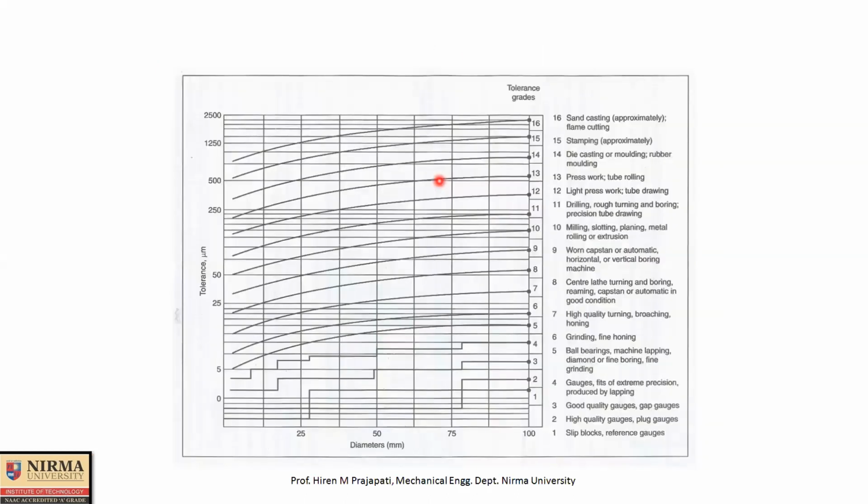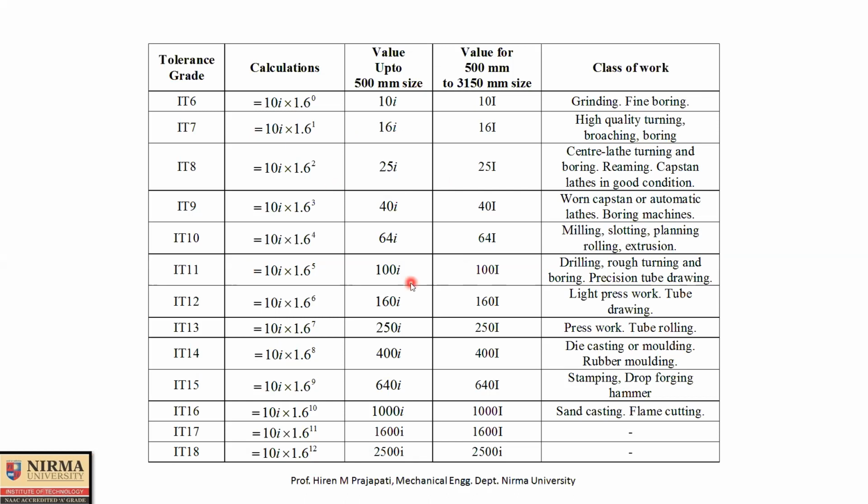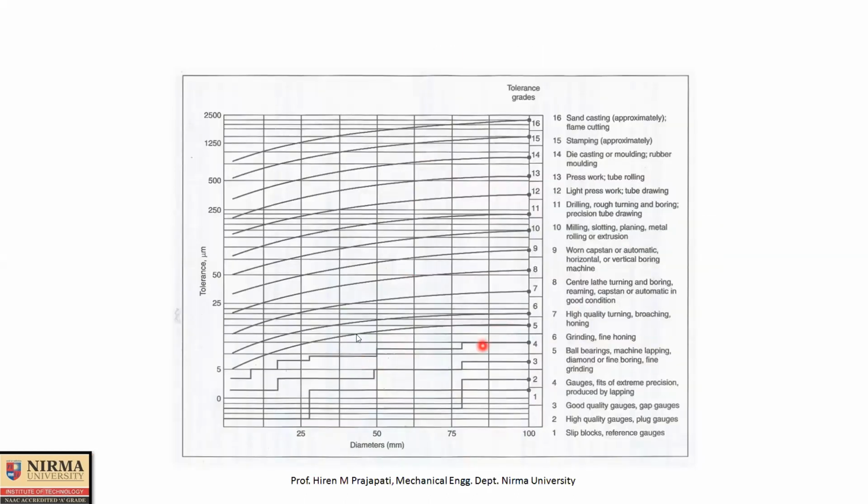But before that, this table is represented in terms of a sketch here. So here you can see, as you move from lower tolerance grade to higher tolerance grade, means from bottom to up, 1 to 16, then on the vertical axis, you can see that tolerance value keeps on increasing. So this 1, 2, 3, these are nothing but tolerance grades actually, IT1, IT2 up to IT16.